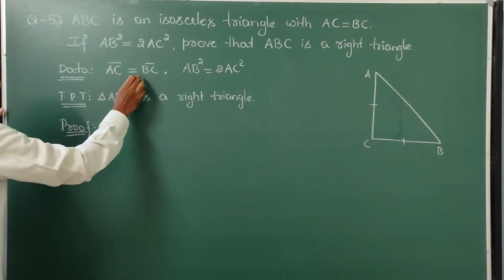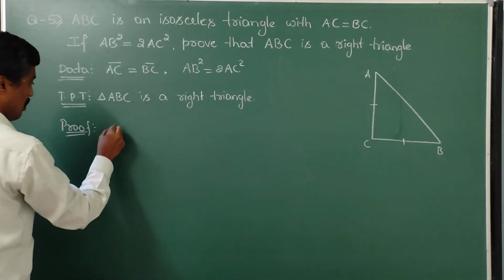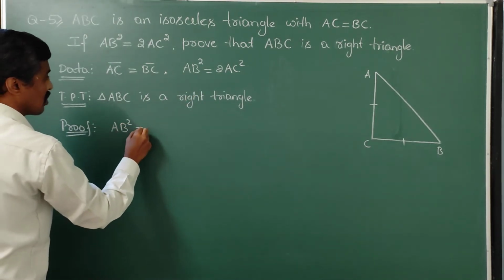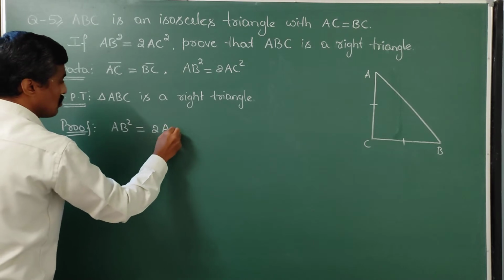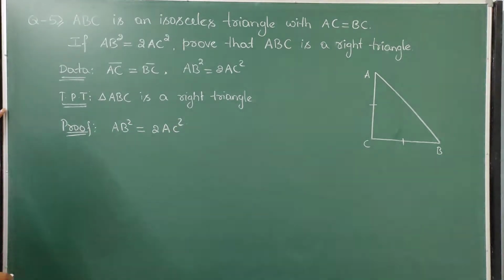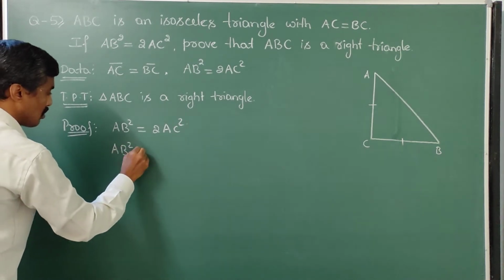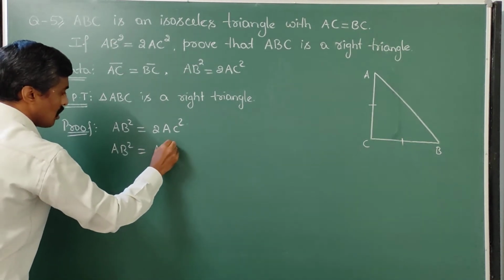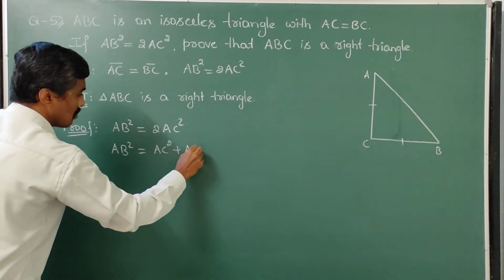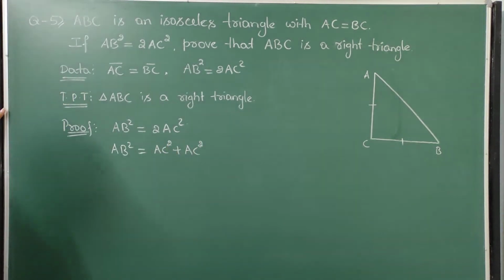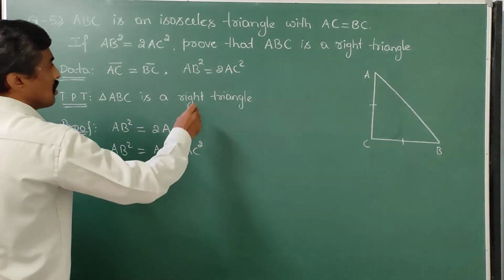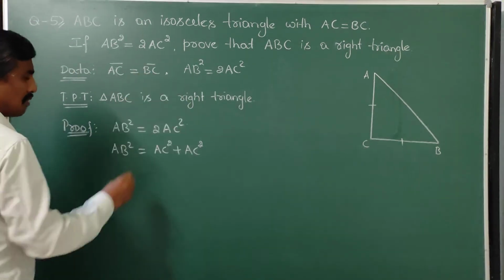Let me start with the data given. AB square is equal to 2AC square. We know the meaning of 2AC square, we can split it. Correct? AB square is equal to AC square plus AC square. But we know that AC is equal to BC.